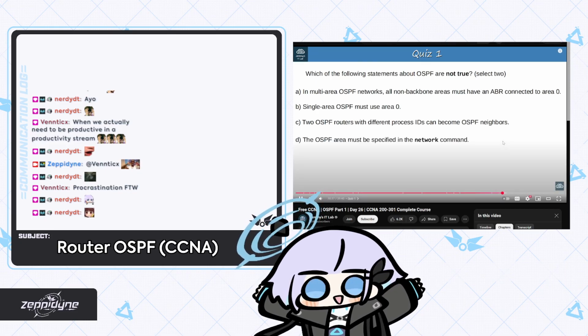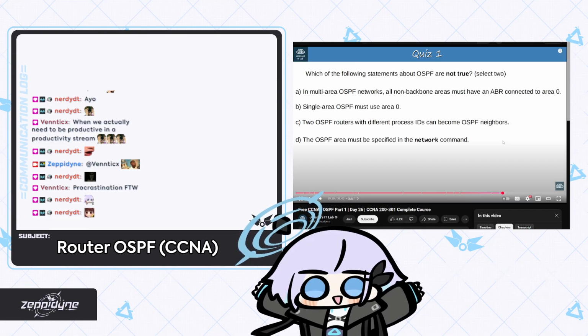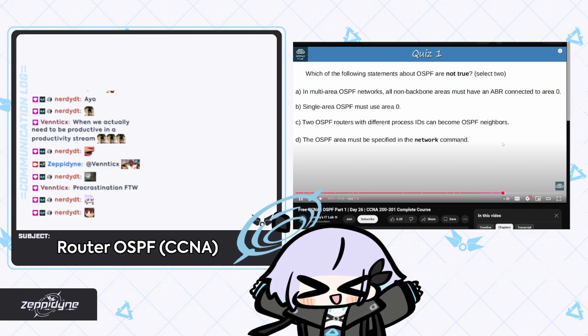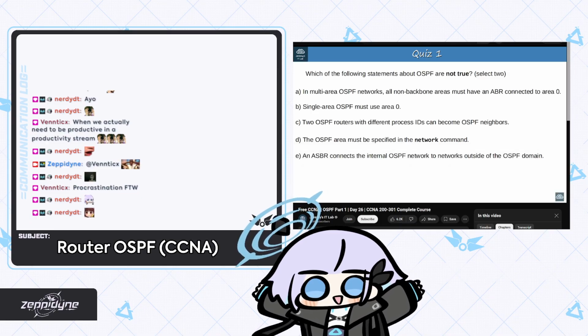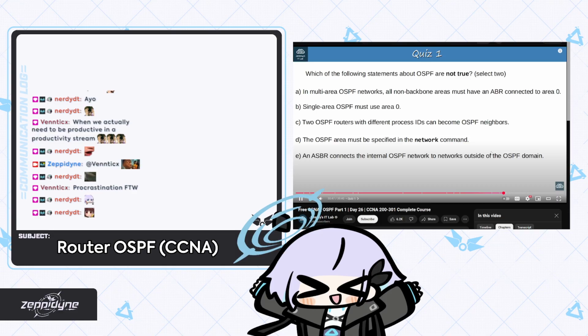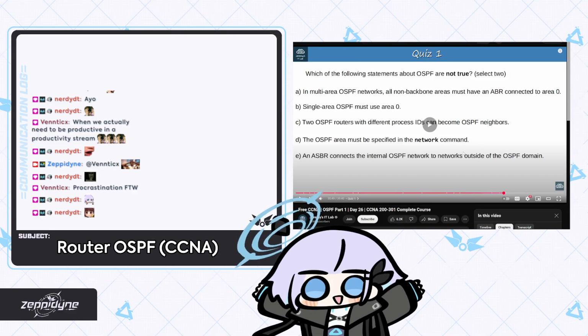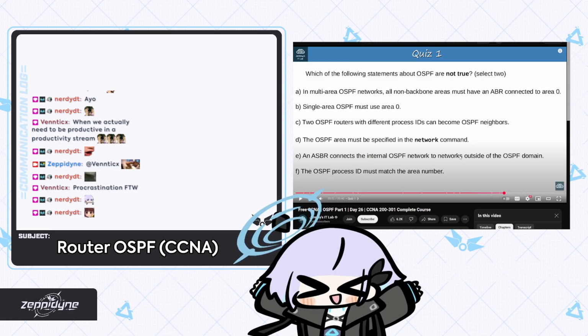D. The OSPF area must be specified in the network command. E. An ASBR connects the internal OSPF network to networks outside of the OSPF domain. And F. The OSPF process ID must match the area number.